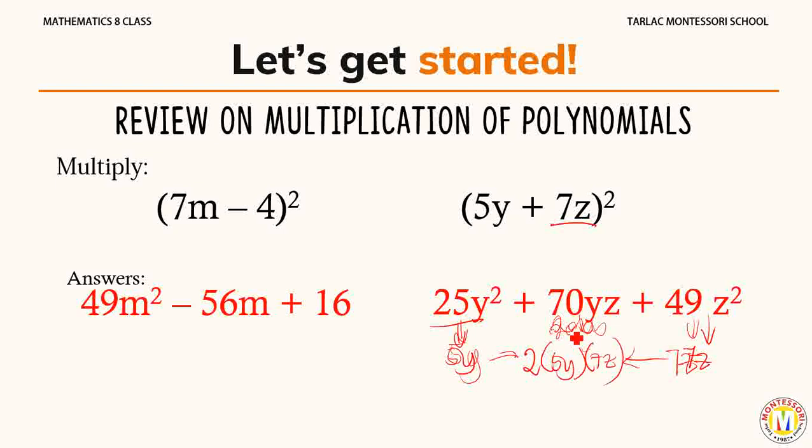If we multiply this, you'll have 2 multiplied to 5y, that's 10y, times 7z, that would be 70yz. So therefore, we can consider this one as a perfect square trinomial, or a PST.